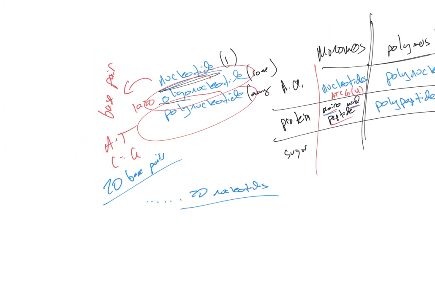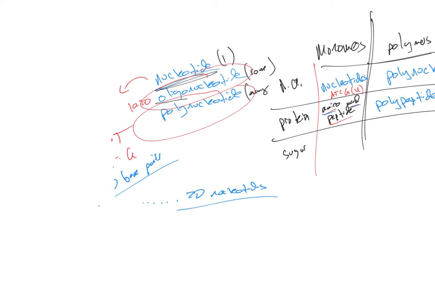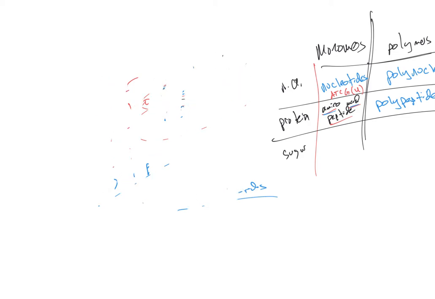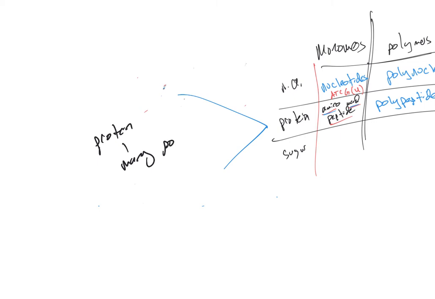So, if I erase all this, okay. So, a protein can be many polypeptides. So, for example, hemoglobin.